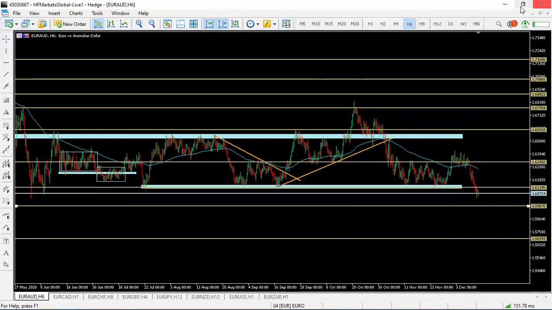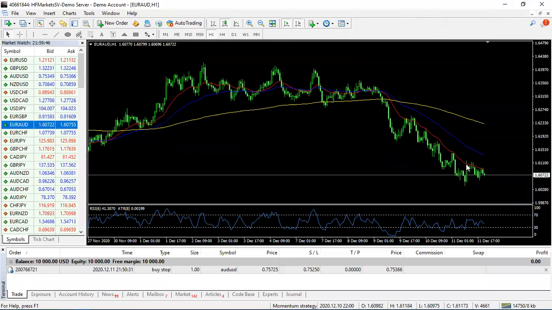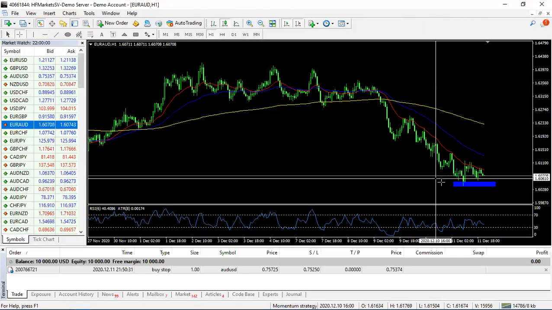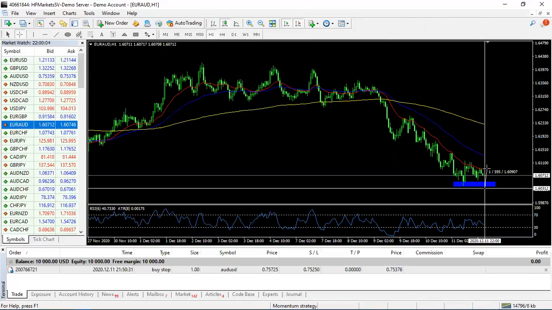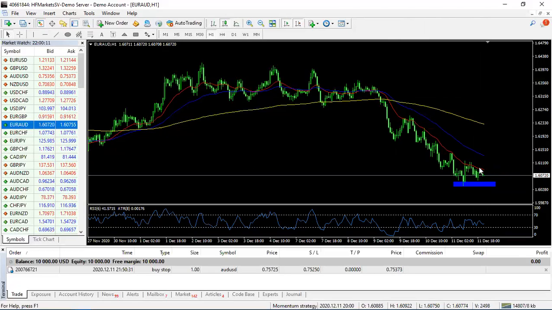Okay. So yeah, a bit of a risky trade, but I wanted to first of all break this point. Okay, so that is the first thing I will be looking at. Then I'm going to go for a pending short position below this point and my stop loss around somewhere around there.